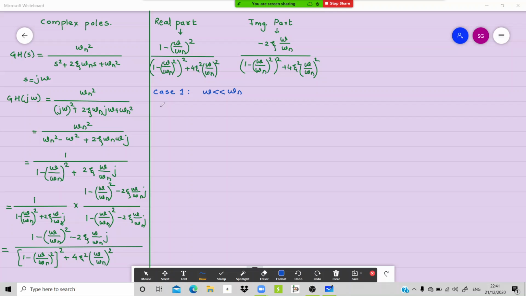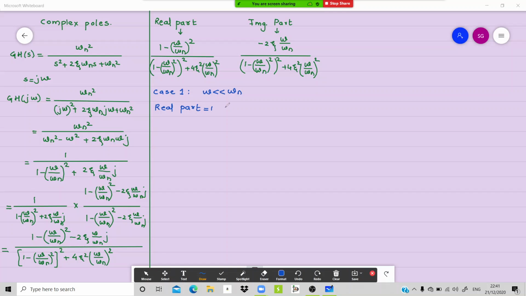So I'll write G H j omega, gain, G H j omega is equal to real part. Should I write it separately? It will be better. So I'll write real part tending to 1, or I'll write ultimately it is going to be 1 only.